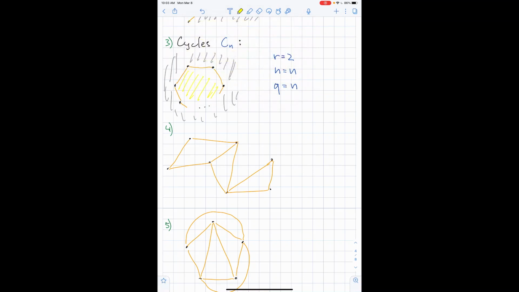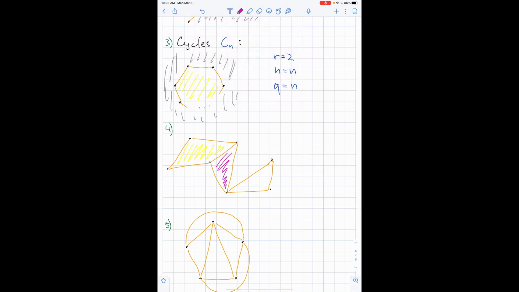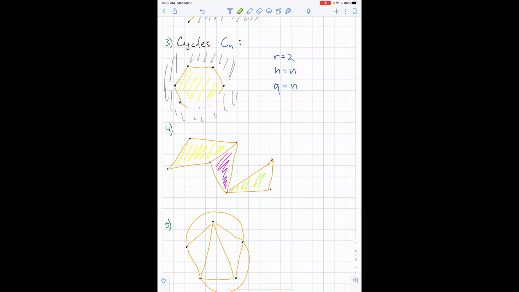Okay, my next example is just this graph I copied from above. So let's see, we have one region here, another region here, then a third region here, and we have the exterior region, which I traditionally draw in gray, like that.